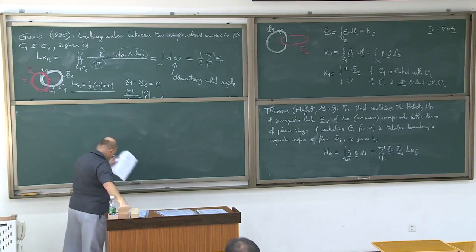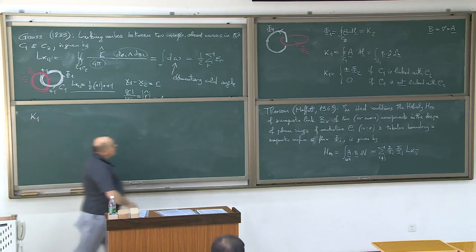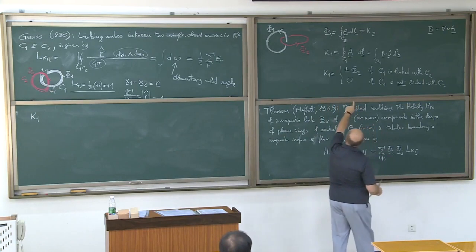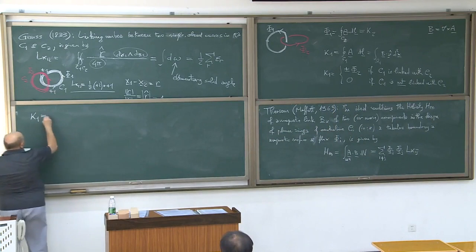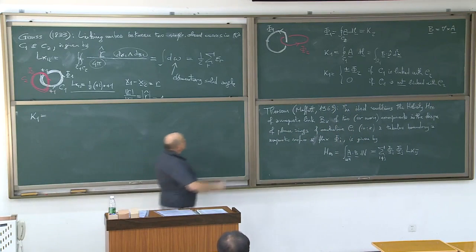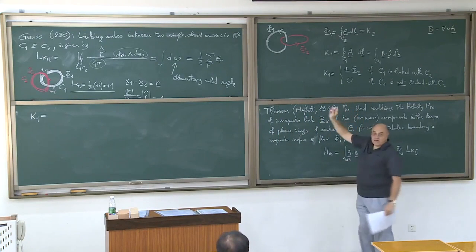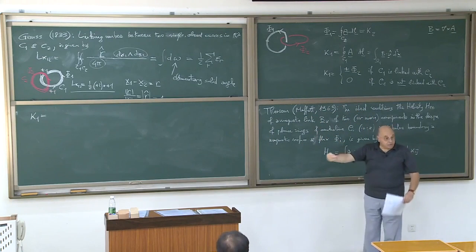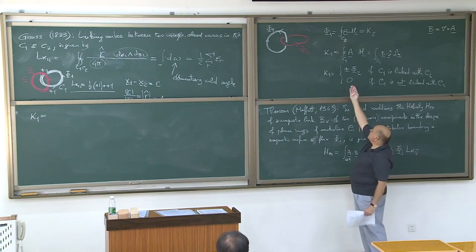Okay. Now, K1, we combine the results. K1 related to phi 2 and related to phi 1. If K1 is the result of one passage of phi 2 through it, then it is either plus or minus 1.